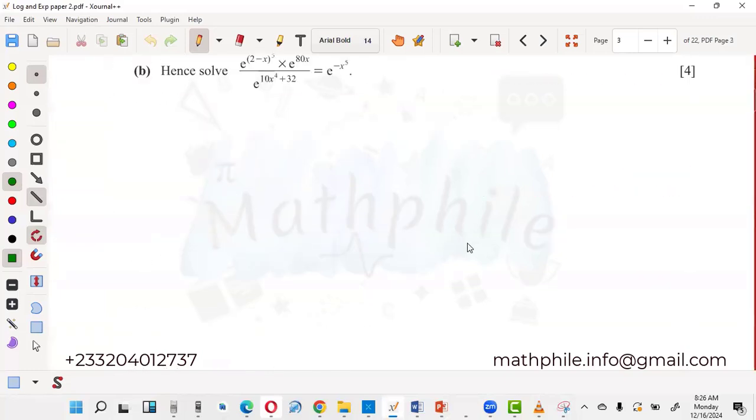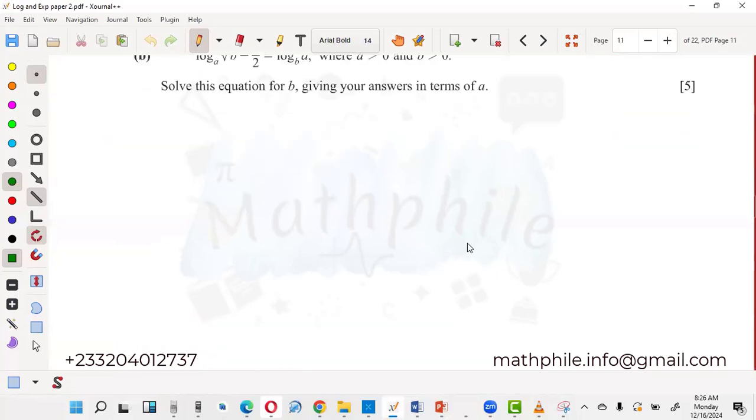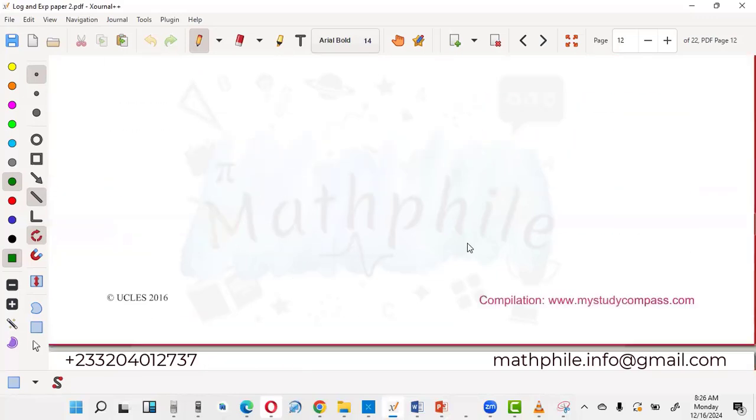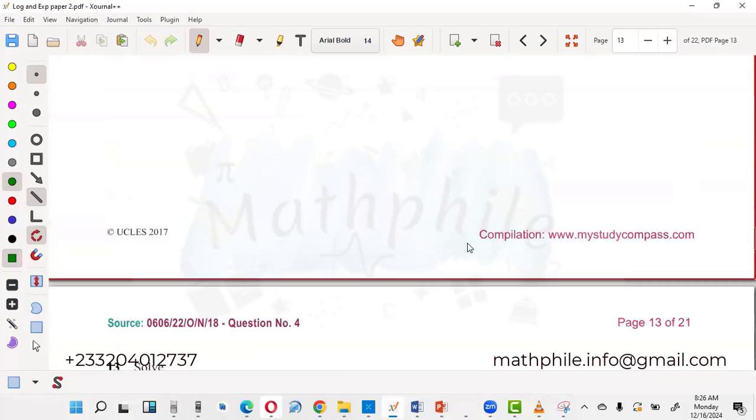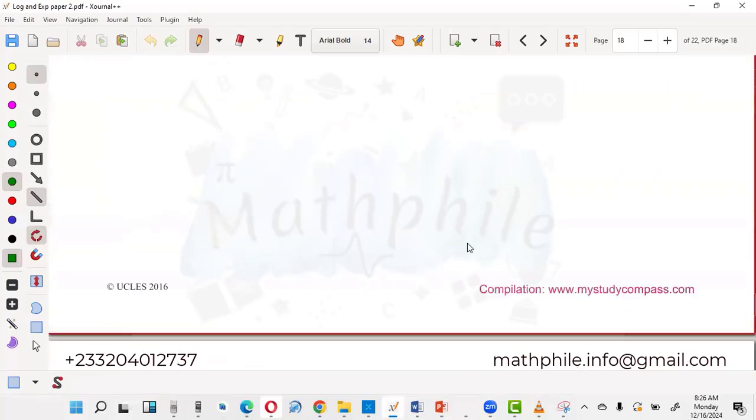So you can attempt the paper 2. You can leave out all the application questions. Once you are very good with the normal one, the application is not much difficult. I just have to tell you some technicalities when you are solving questions of that nature. It's actually very easy.